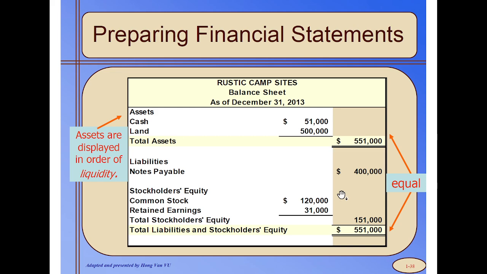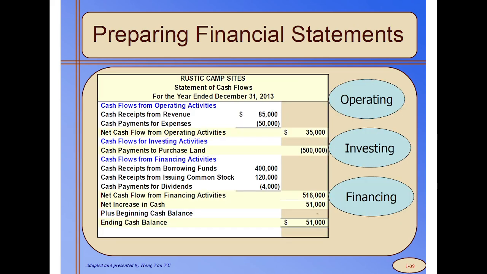And now we look at the company's next financial statement. We call this the statement of cash flows. This statement will explain how the cash balance changes from the beginning to the end of the accounting period, right?